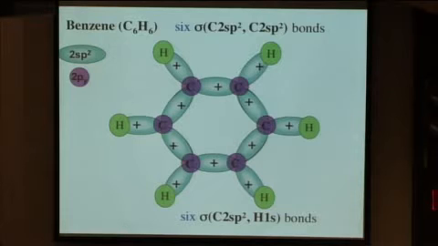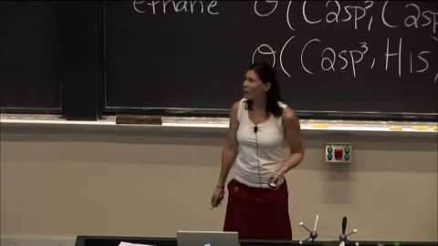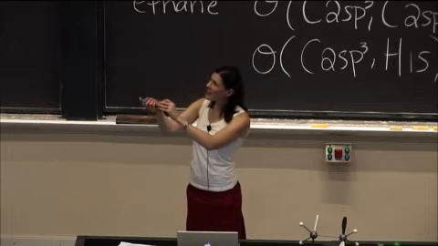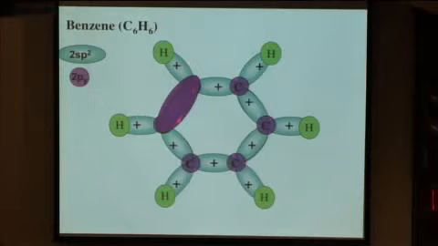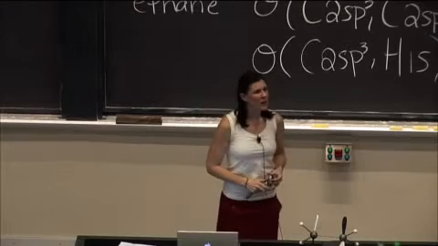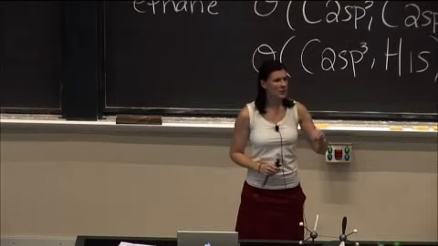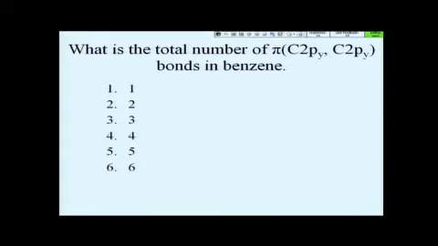So that's 2 of our types of bonds in benzene, and we have 1 type left, and that's going to be the double bond, or the pi bond, that forms between some of these p orbitals. So we can have 1 bond here between this carbon's p orbital and this carbon's p orbital. So let's have a clicker question here on how many total pi bonds do you expect to see in benzene?